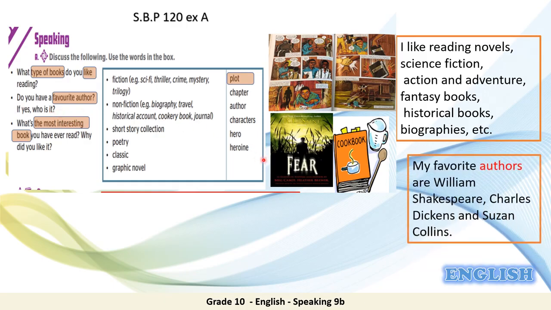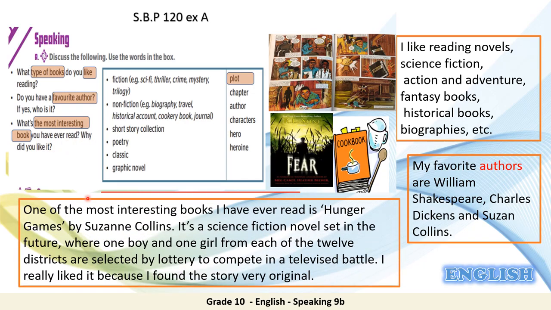So, we can say, my favorite authors are William Shakespeare, Charles Dickens, and Susan Collins. What's the most interesting book you have ever read? And why did you like it? So, we can say, one of the most interesting books I have ever read is Hunger Games by Susan Collins.